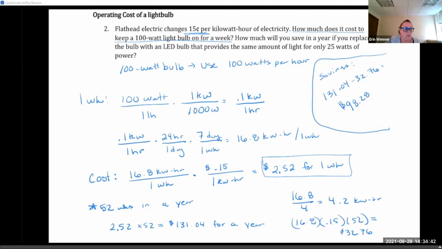Okay, you could have also taken 2.52 times 0.75, because we're saving 3/4 of that amount, and multiplied it by 52, and you would have gotten to 98.28 as well. It's another way of thinking about it.